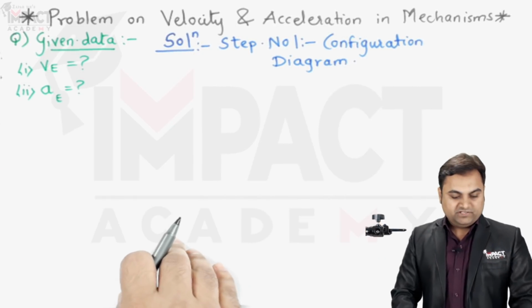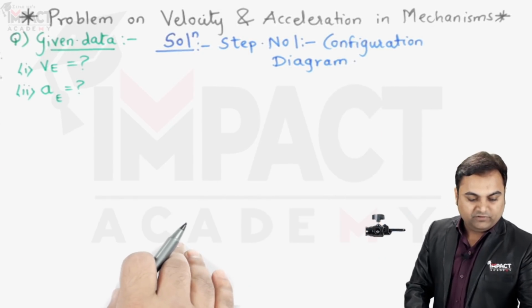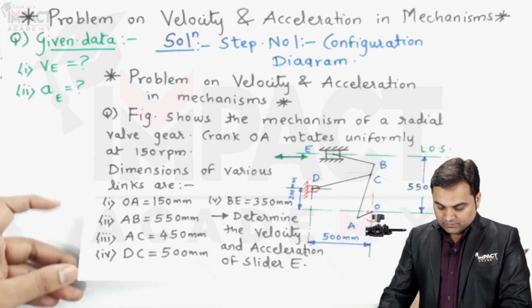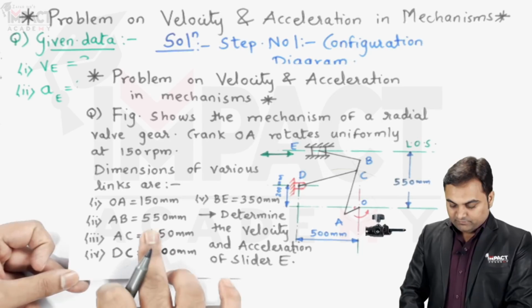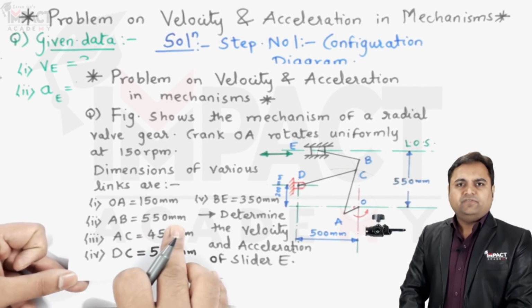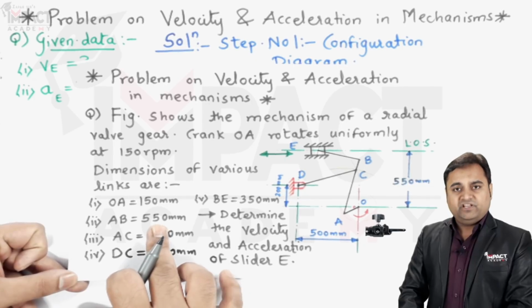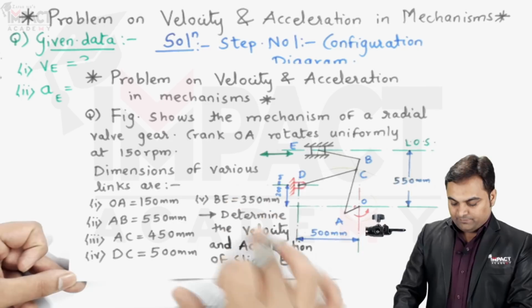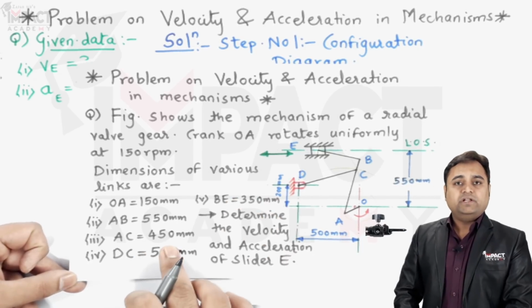So step number 1 is the configuration diagram, and when we look at the dimensions here, it is 150 mm and then the major dimension is 550 mm. So it comes out to be 55 centimeter, and this is a very big value. So what I would be doing here is I would be drawing this diagram by taking a scale of 1:10.